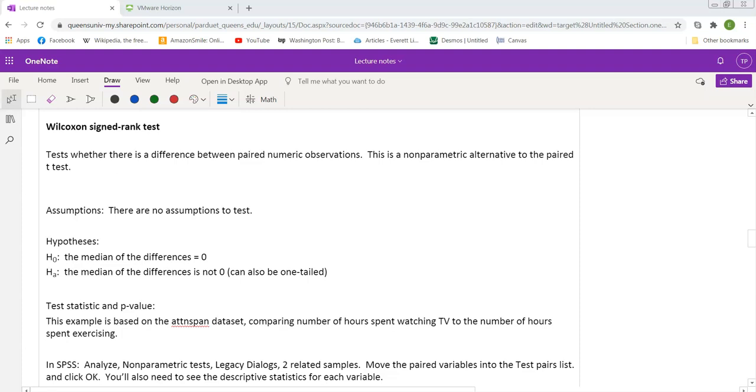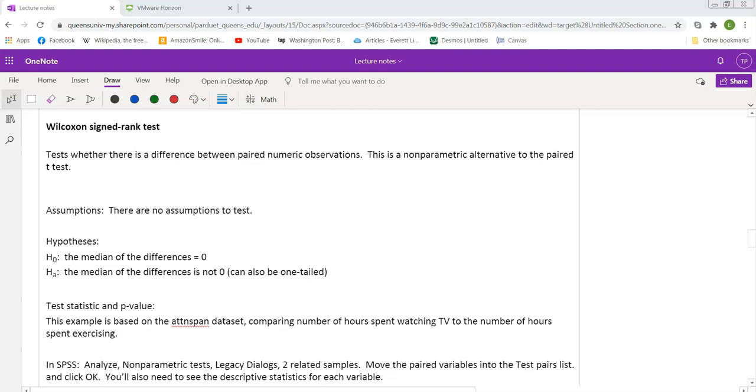If you remember back to the beginning of the course when we talked about power, the t-tests have higher power than the non-parametric alternatives. And what that means is that if there's a result there, if there's a difference between the groups or within the groups, the t-test is more likely to catch it than the non-parametric test.